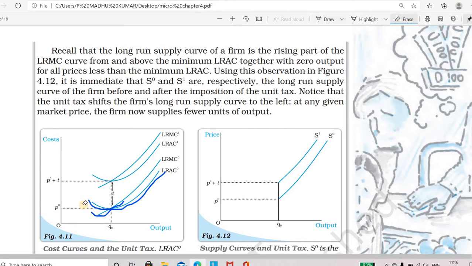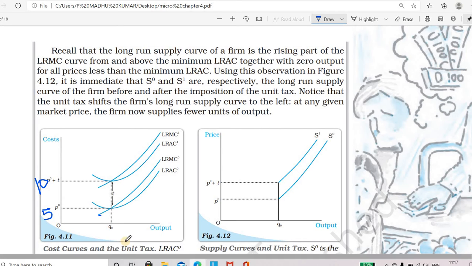This is the before-tax situation. That time the price is P0, or you can assume it is 5, and here it is 10.